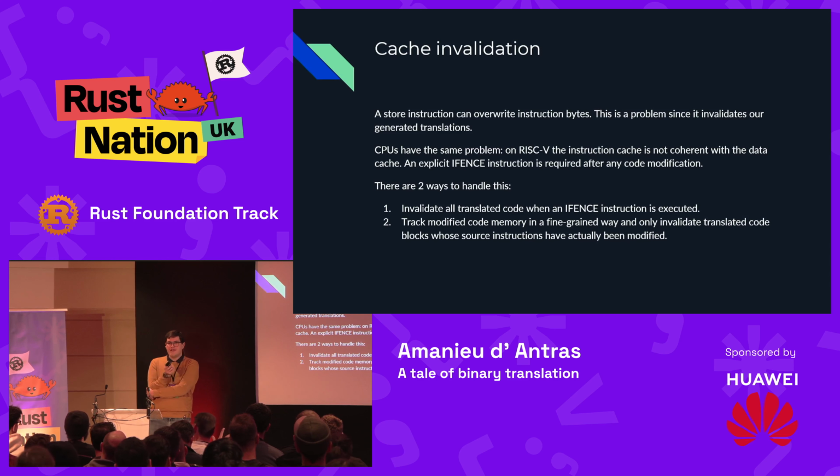There are two ways in which we can handle this. If we detect that a RISC-V fence.i instruction is executed, we just delete all of the translated code that we've generated so far. Another possibility is more fine-grained invalidation, where we detect changes to the code memory and only delete translated code blocks for the memory that has been modified, so when execution gets back to them, they get retranslated.